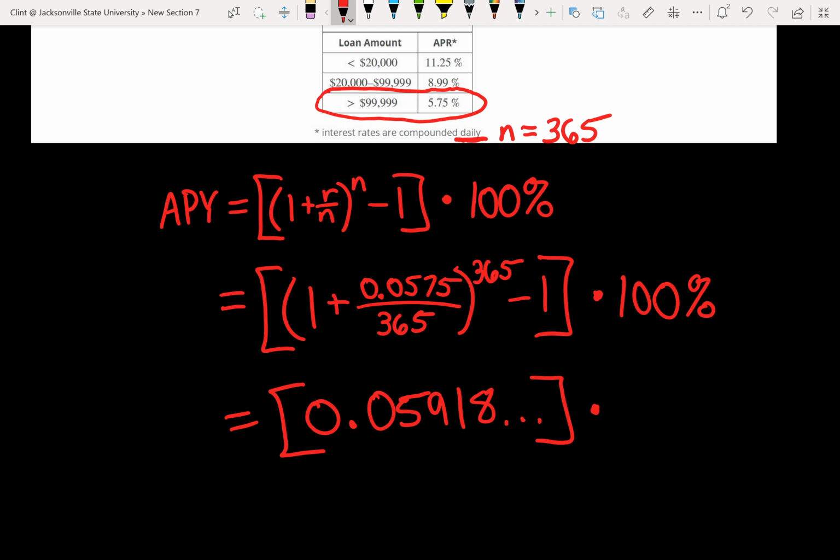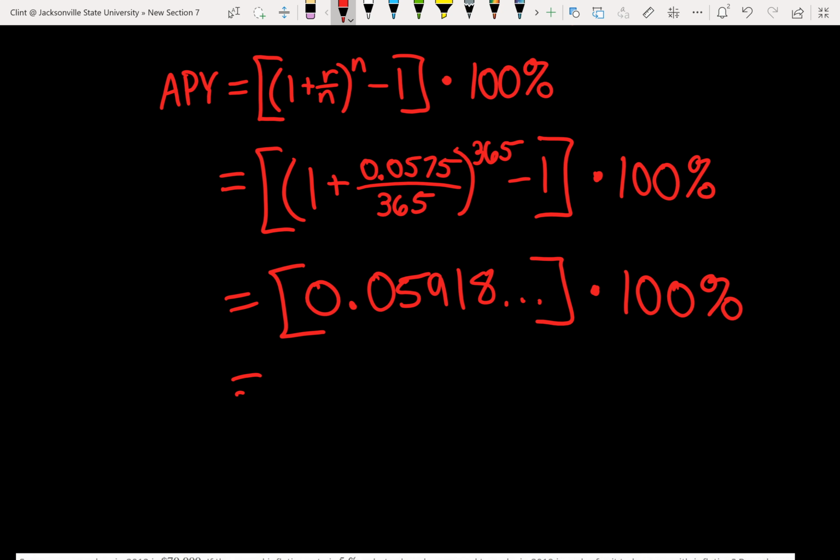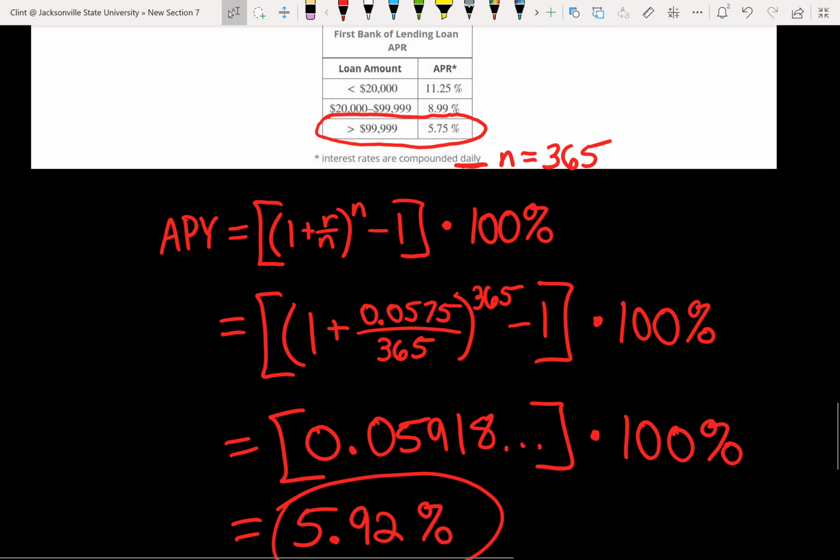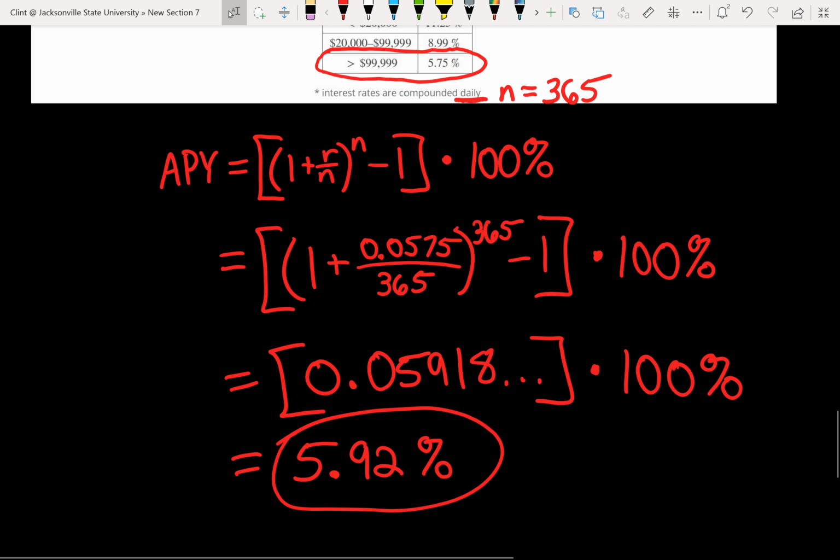You don't have to write it down. Now I've got to do times 100%. I'm going to do times 100. And it says we can round to the nearest hundredth. That's 2 decimal places. So I'm going to get 5 point, and then I have 918, so that rounds to 92. So our APY, or our effective interest rate, is 5.92%. So even though our APR is 5.75%, what we're really going to end up paying, our APY, is 5.92% interest.